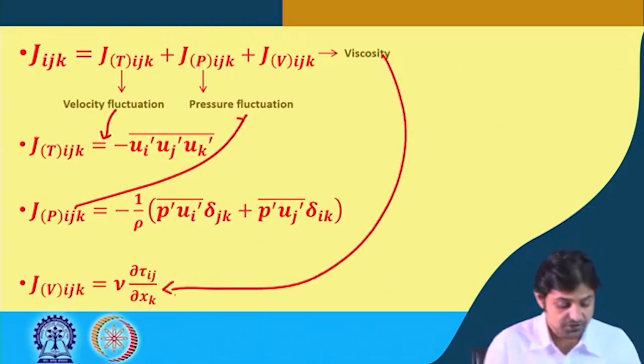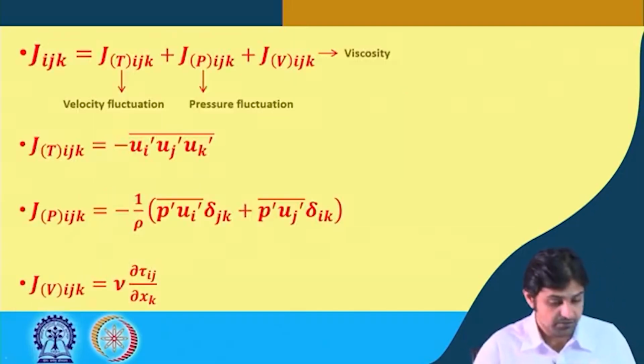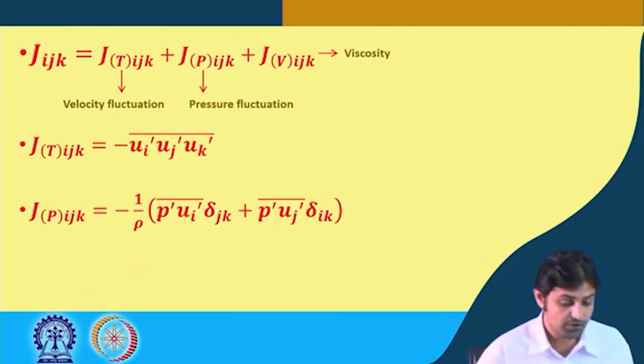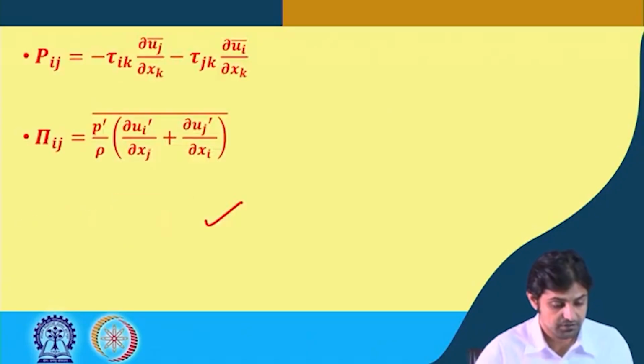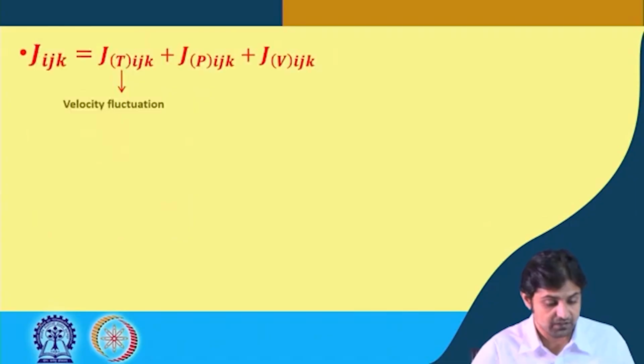So we have seen what all these terms mean for this Reynolds stress equation. You see this one here: Pij, production of Reynolds stress, pi ij, pressure strain correlation, epsilon ij, dissipation, and Jijk, diffusive flux.